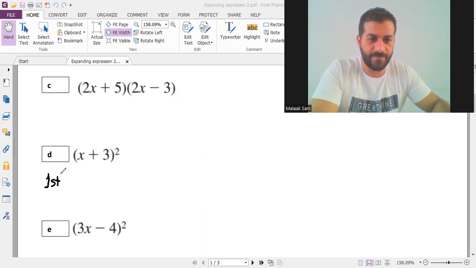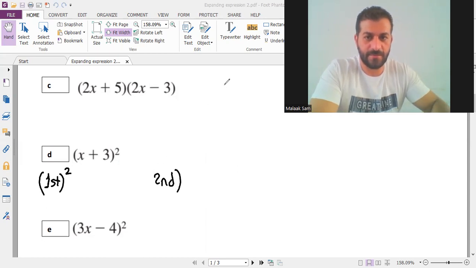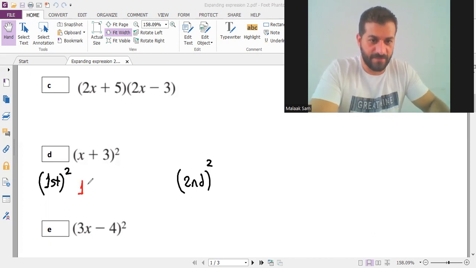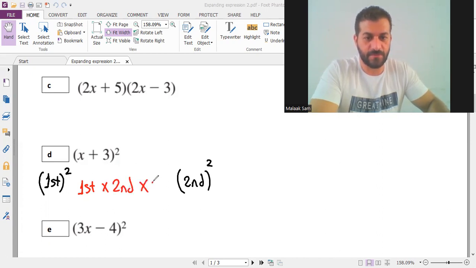The first square and the second square. What is in the middle is the first term multiplied by the second term times 2.